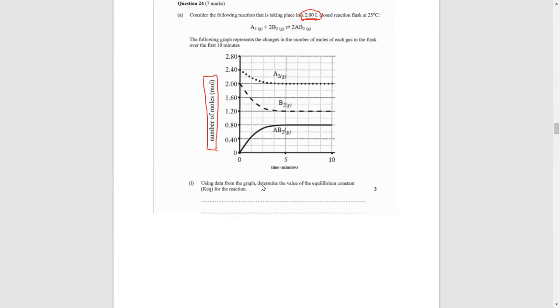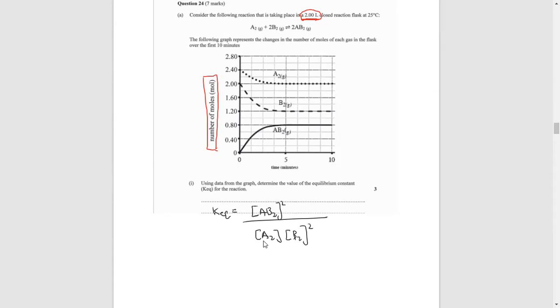They said using the data from the graph, determine the value of the equilibrium constant Kc for the reaction. We've done very similar questions before, so I'll just do it very quickly. Kc, of course, equals [AB2] squared over [A2] times [B2] squared. That's your reaction.